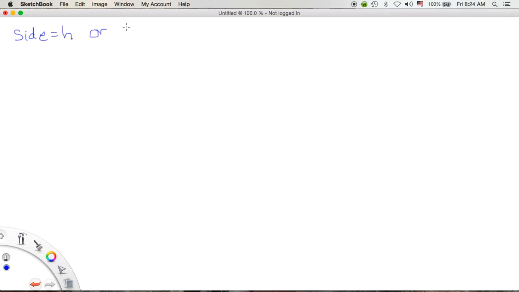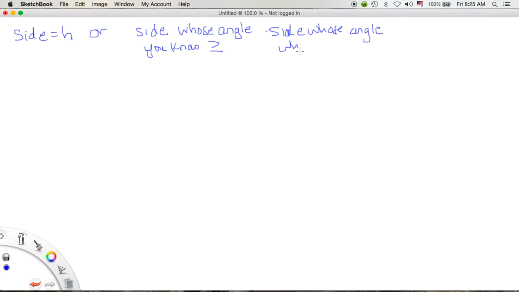Or, this one's going to be a little tricky sounding. The side whose angle you know is greater than or equal to the side whose angle you don't know. Let's put this over here.